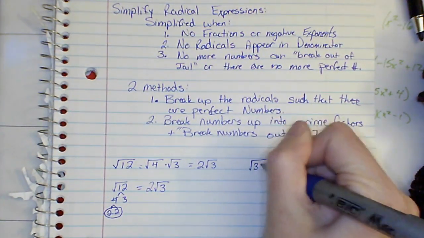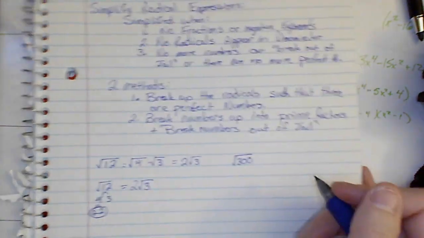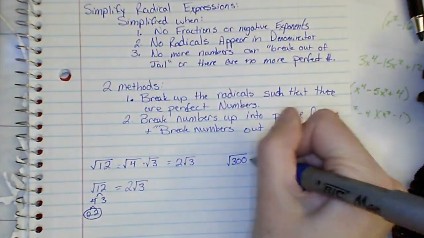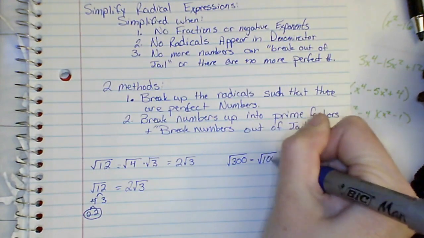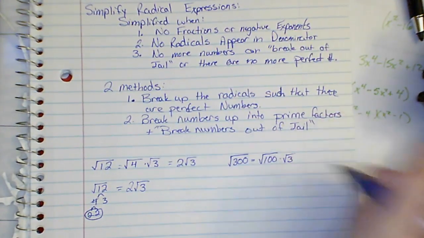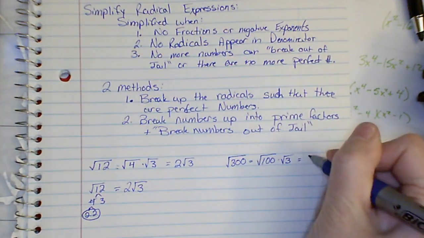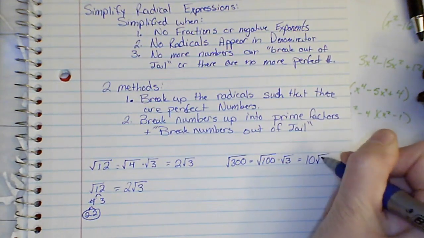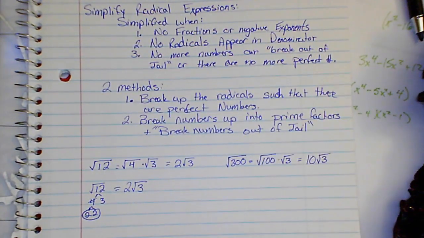Let's work 300. 300 is a little easier as well, because we can break it up into square root of 100 and square root of 3. Square root of 100 is 10, and square root of 3 is just square root of 3.